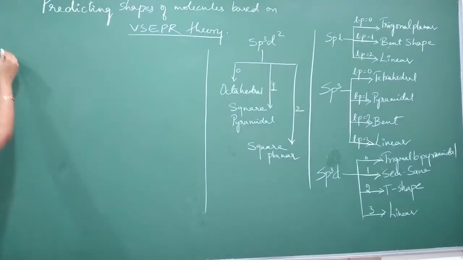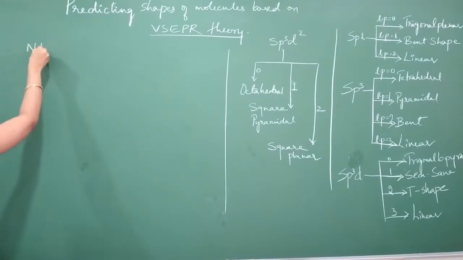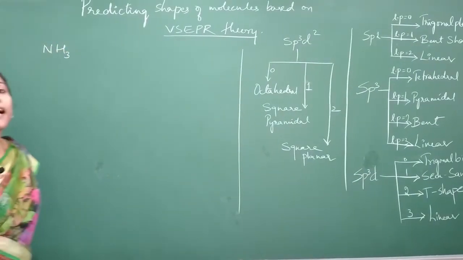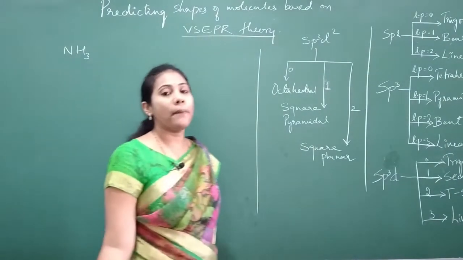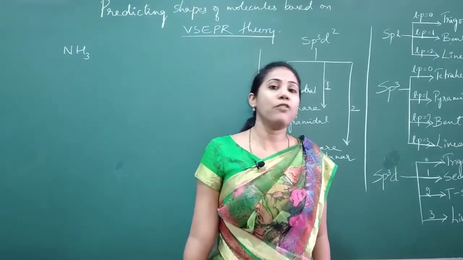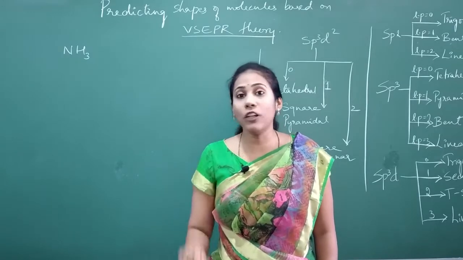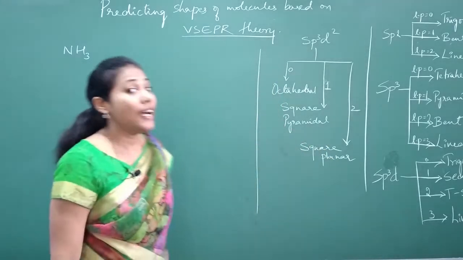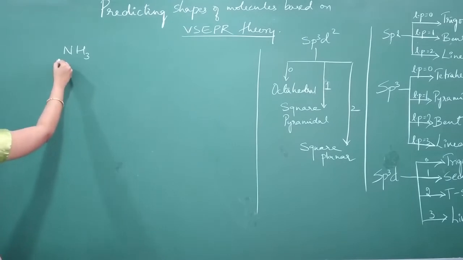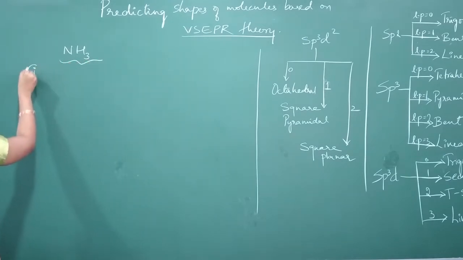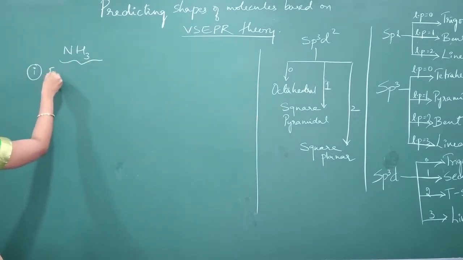Coming to the first example, I'll take a very simple molecule, ammonia. I am asking you what is the geometry or shape of ammonia. For that, first you need to find out the hybridization. What is the trick? I'll write step by step. First step is find hybridization.